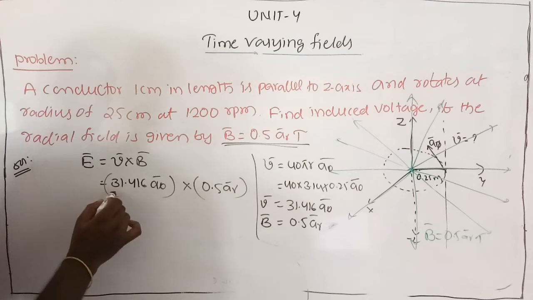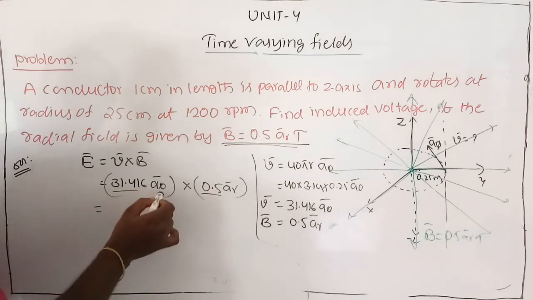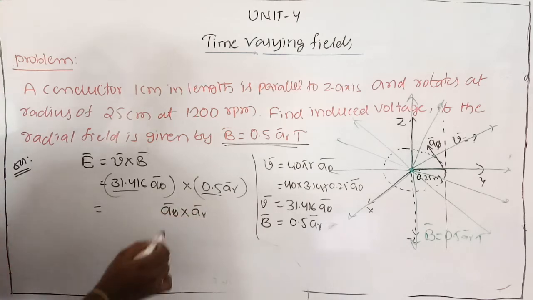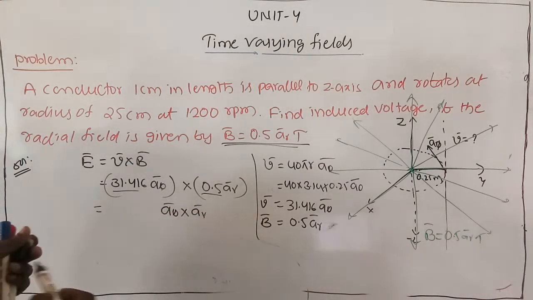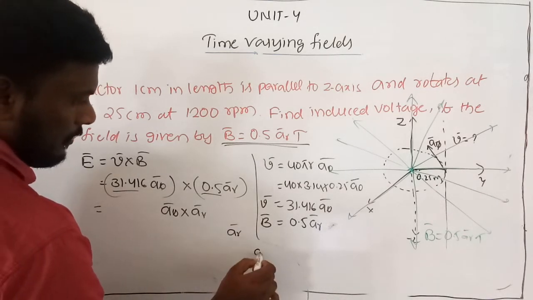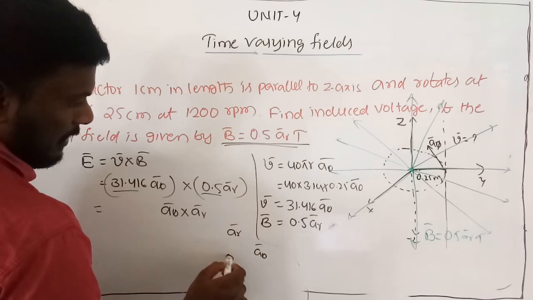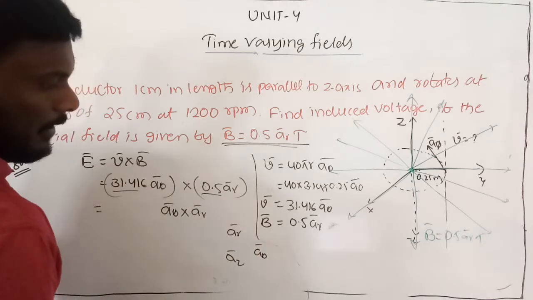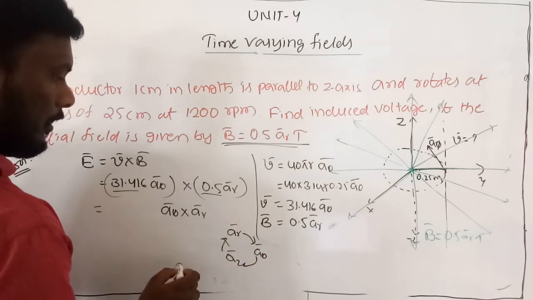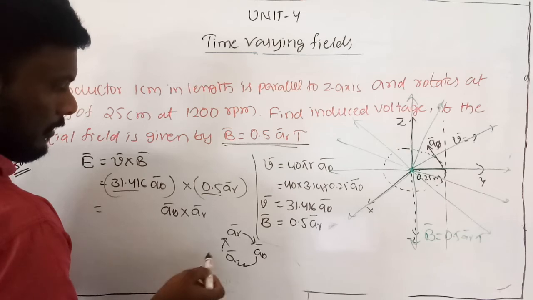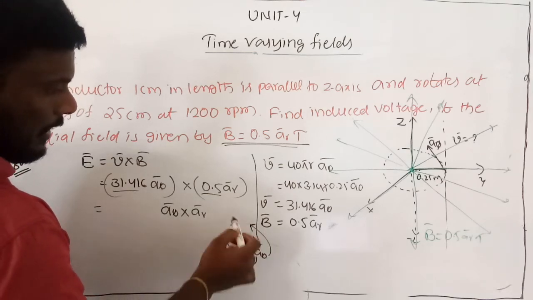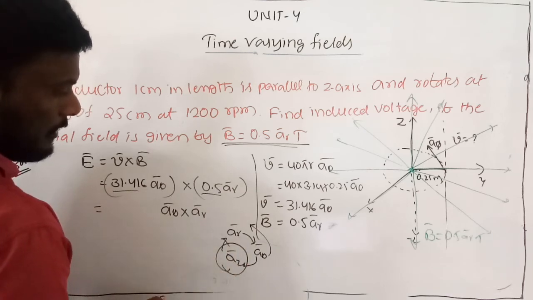Okay, so what is the magnitude? You can calculate the magnitude. Now a_phi cross a_r: how will you do this cross product? We already know the unit vectors in the cylindrical coordinate system: a_r, a_phi, a_z. If you follow the clockwise direction, a_phi and a_r are in the anti-clockwise direction, so the remaining component has a negative sign.